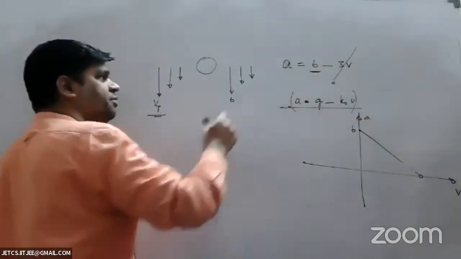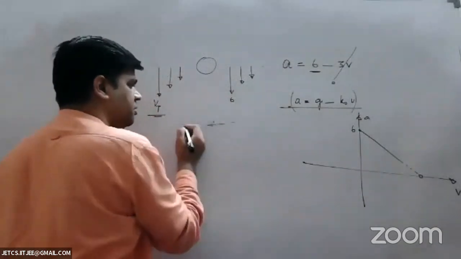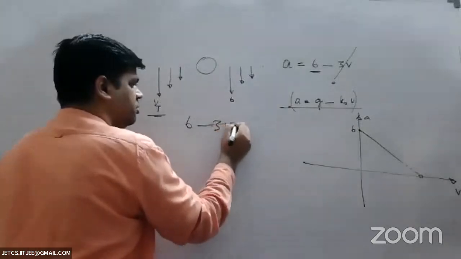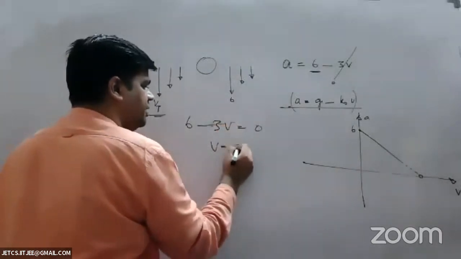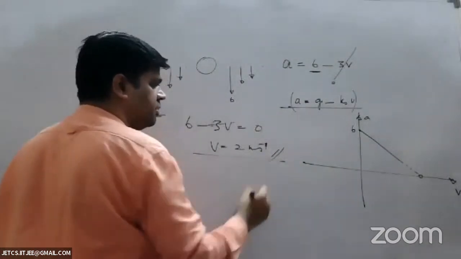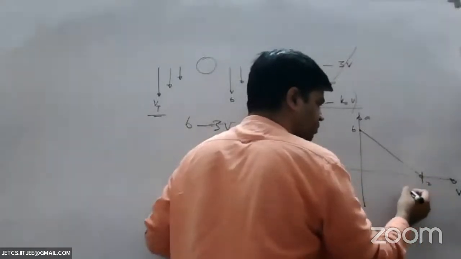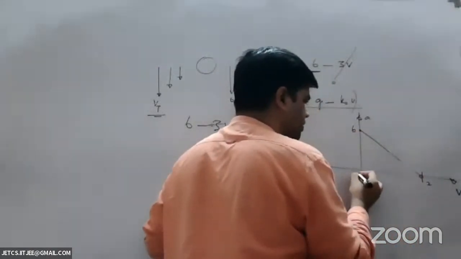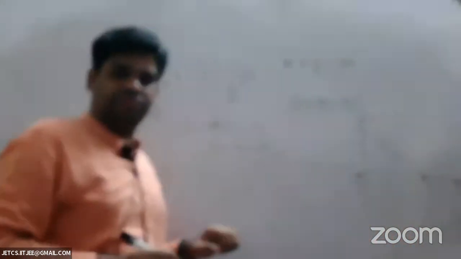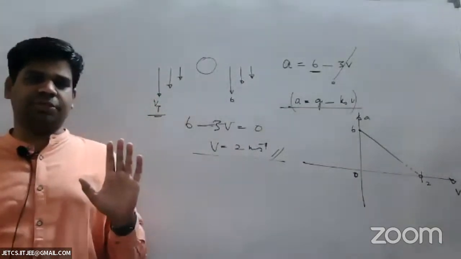How do I get terminal velocity? I equate acceleration to 0. So 6 minus 3v equal to 0. v is equal to 2 meters per second is my terminal velocity. That's what I get in the graph as well. This is 2. This is 6, this is 2, this is origin. All right, this is what your scenario is.